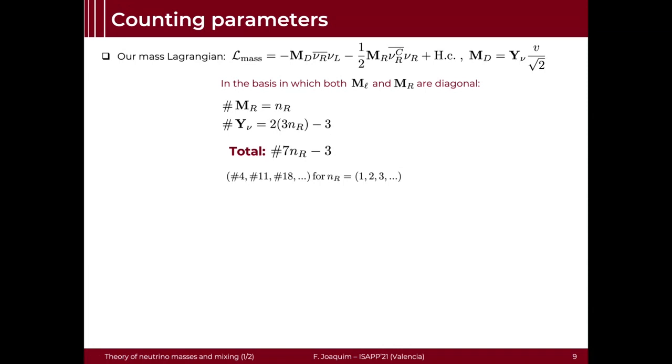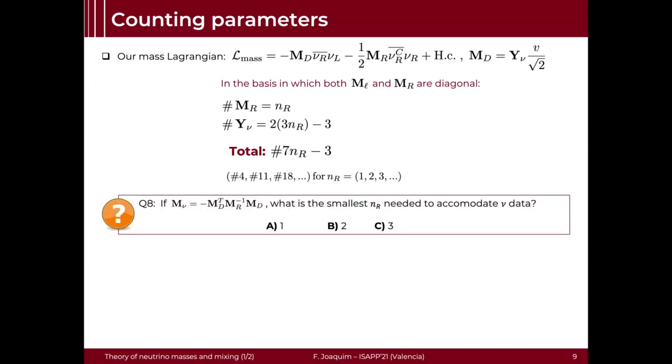Now the question is, if the effective neutrino mass matrix is given by the seesaw formula here, so forget about other possible corrections that may appear at the quantum level, I'm only concentrating now on the tree level. If m_ν is given by this, what is the smallest number of right-handed neutrinos that I must add to the standard model in such a way that I am able to accommodate neutrino data?